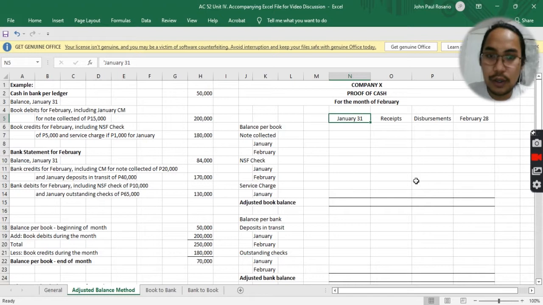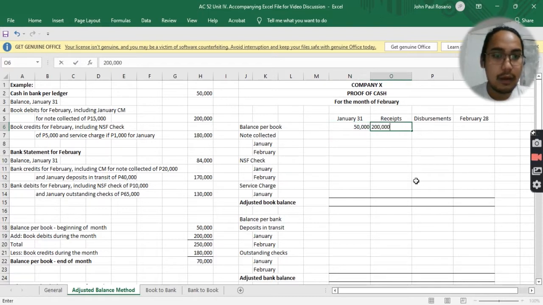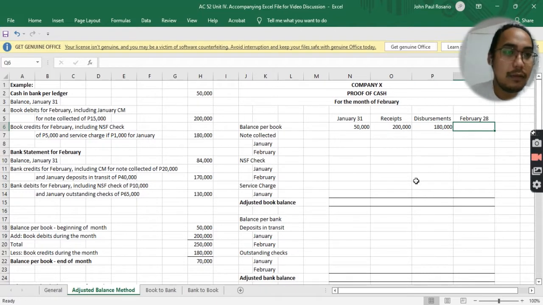So based on this information, we have here a beginning balance of 50,000. And then our book receipts is 200,000. Our disbursements is 180,000. So before we proceed, guys, this is a 4-column reconciliation.